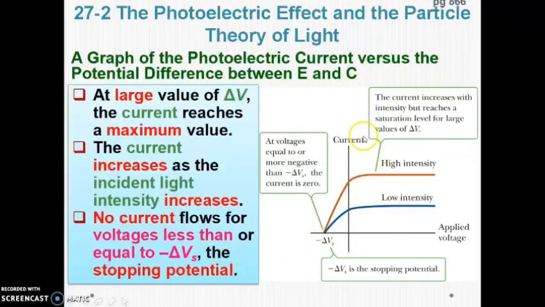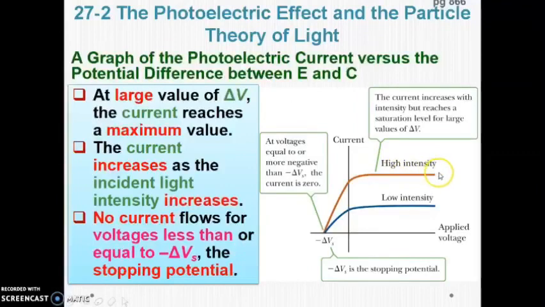When you look at the graph of current versus applied voltage, at large values of delta V at this point, the current, from this low intensity graph, the blue graph here, reaches a maximum value. Also for the high intensity, at the larger voltage, the current reaches the maximum value.